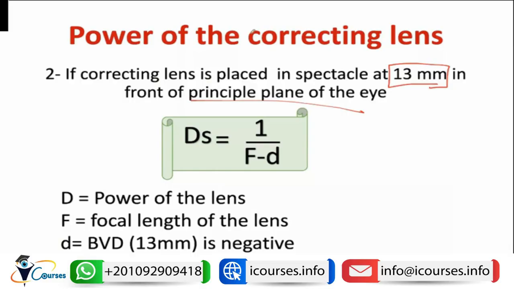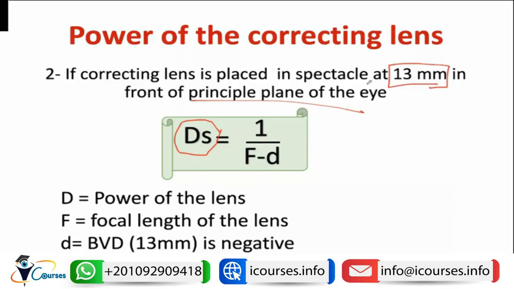So the power of the correcting lens can be calculated by this formula: the power of the correcting lens will be equal to 1 divided by f, which is the focal length of the lens, minus the back vertex distance. The back vertex distance is 13 millimeters, which is the plane at which the glasses are put on.